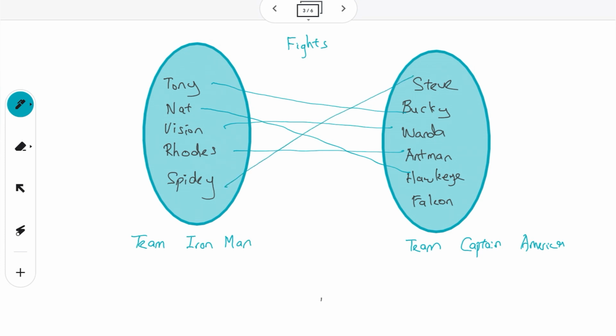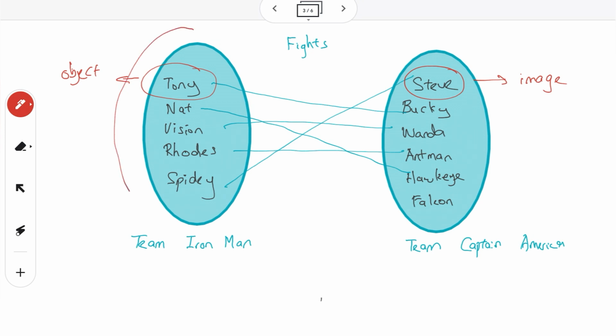Right. So now let us just talk about what the terminology is for functions. First of all, each data point in the first group of objects is called an object. And each data point in the second group of data is going to be called an image.